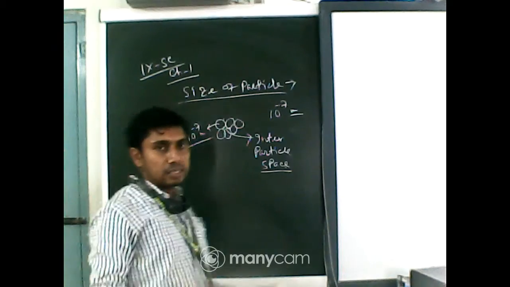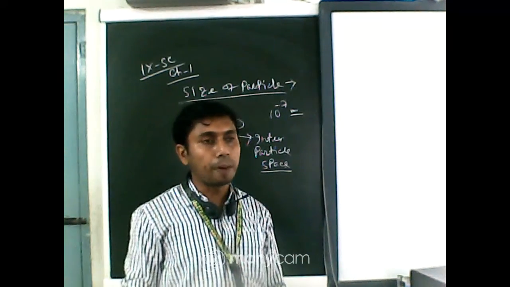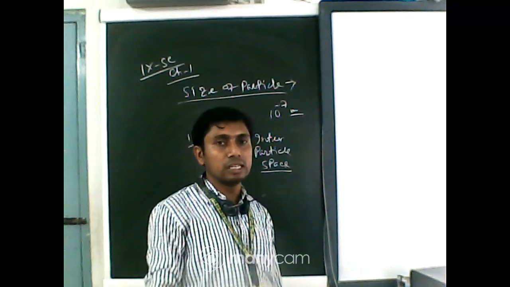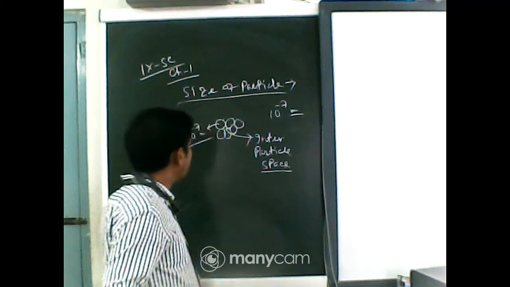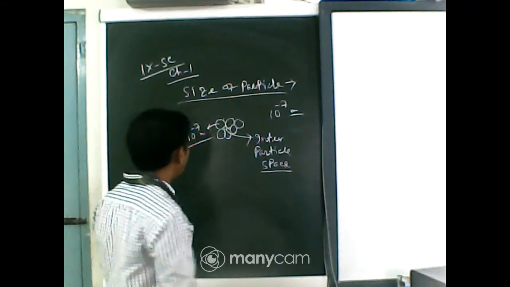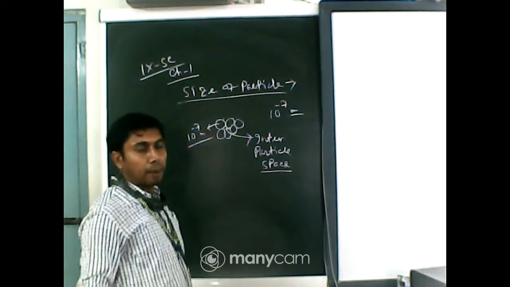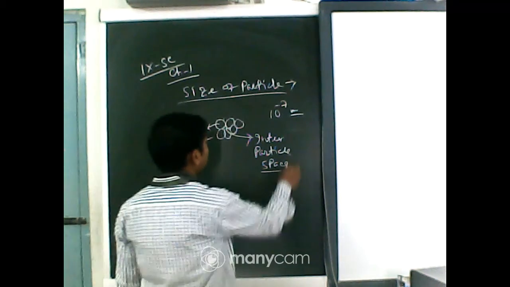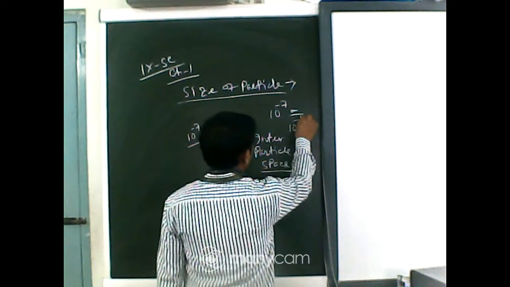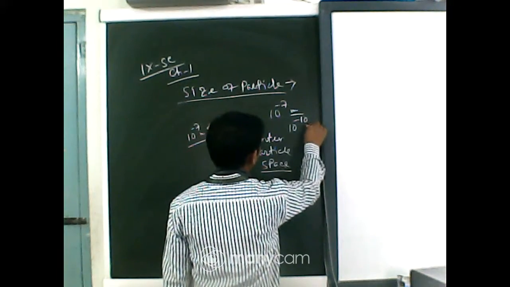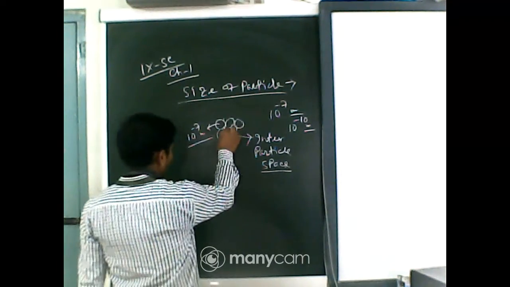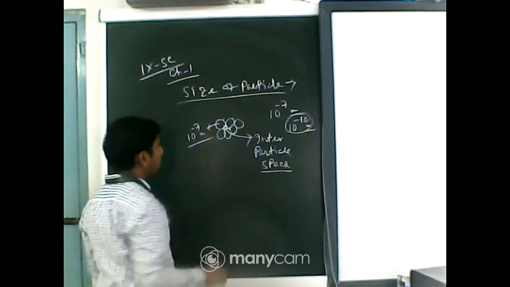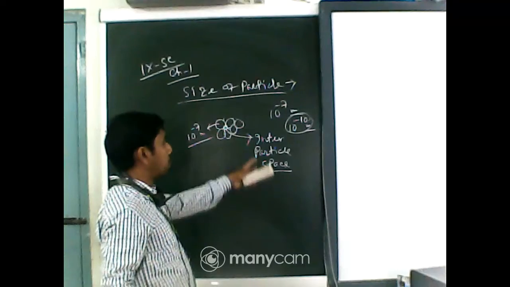The space which is not occupied by the particles and is vacant in between the particles is called interparticle space. And if the size of the particle is very small, in the range of 10 to the power minus 10 meter, then it can easily take the position of that interparticle space.